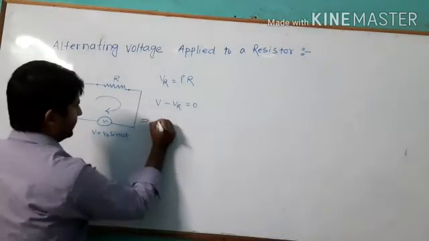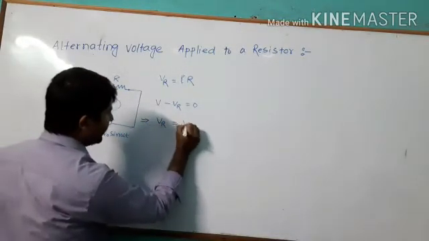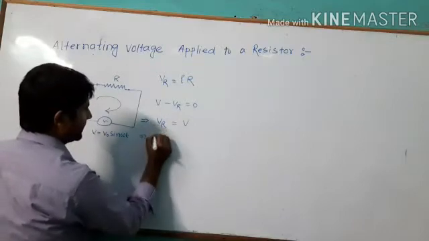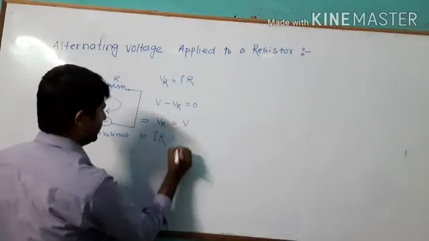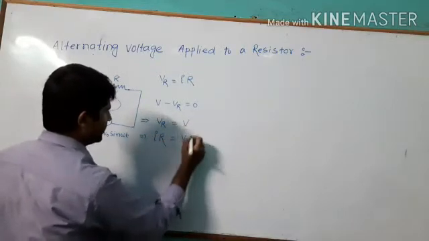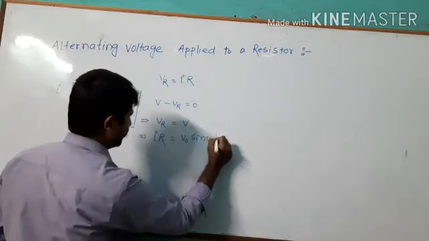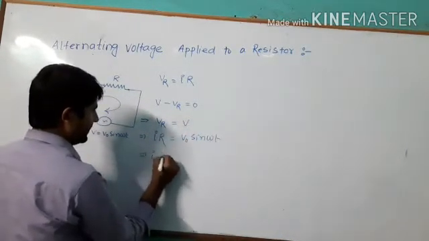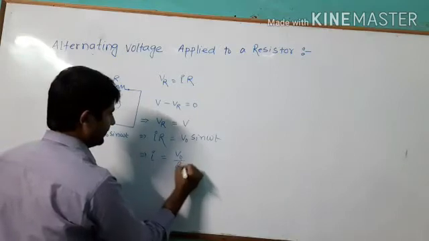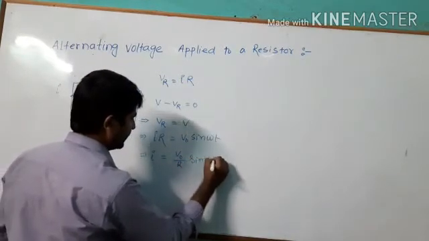So VR equal to V. So VR is I into R equal to V, which is V0 sine omega t. Now what is I? I equal to V0 by R into sine omega t.